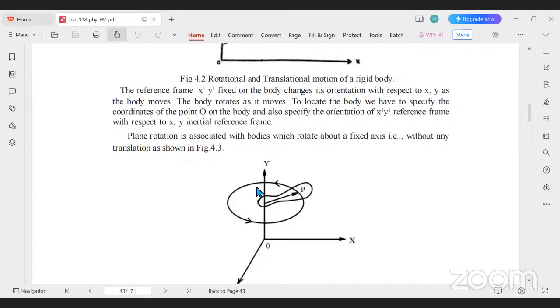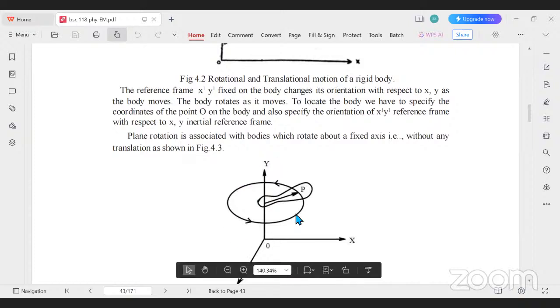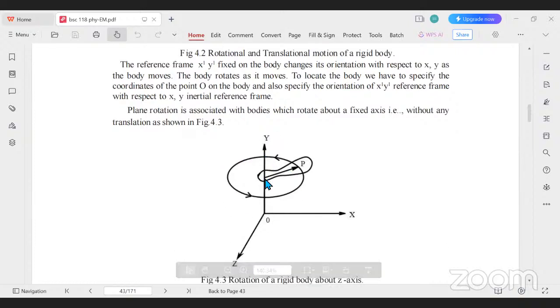For example, if I'm taking a rotating body and I have fixed the x-axis, y-axis, and z-axis, this is a particle. It starts moving, and I can take any direction. If this particle is moving in this direction and then in this direction, it's continuously moving, continuously rotating.